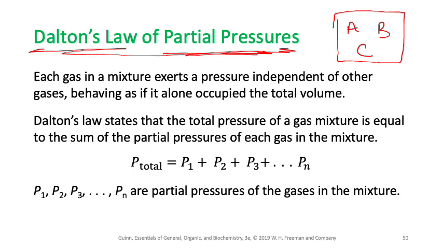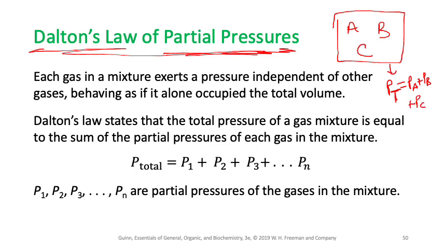So the total pressure of this container, let's assume, is PT, the total pressure, right? And this total pressure comes out to be because of the individual pressures of A, B and C. I can say this: PA, PB and then PC.